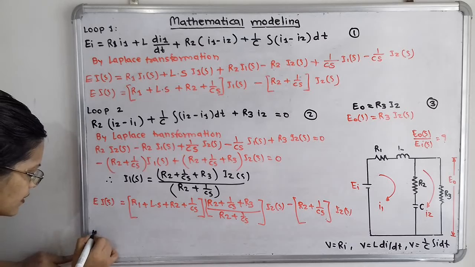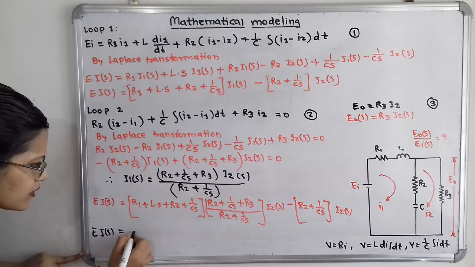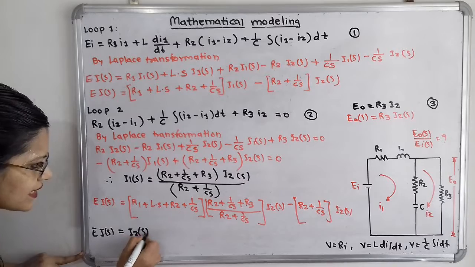So if I take this I2 of S as common, then again I will get EI of S is equal to I2 of S as a common term.